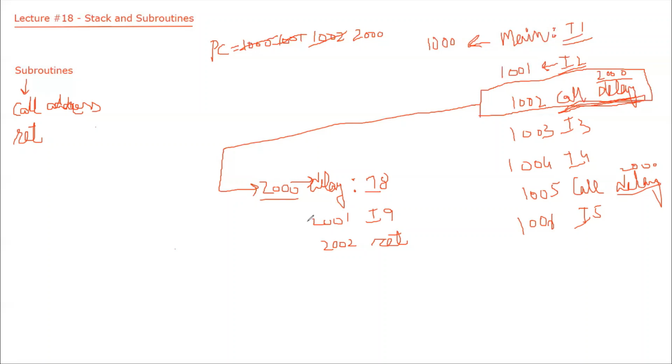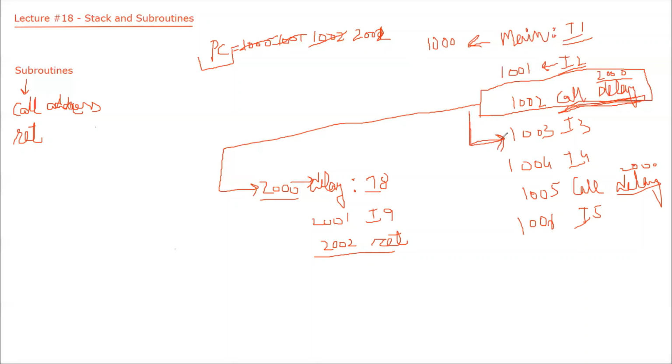Okay. Then after 2000, it will become 2001. Then it will have to execute 2002. Now after 2002, what should be the value in program counter? The value should be 1003. However, how will our microprocessor know that I have to load this address?